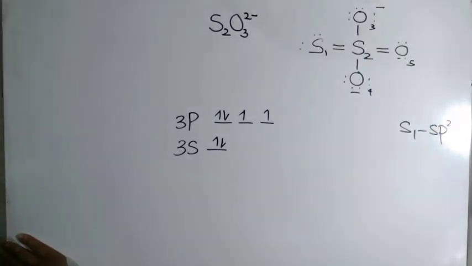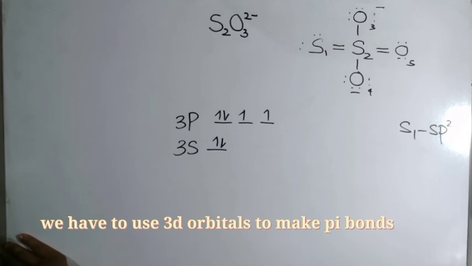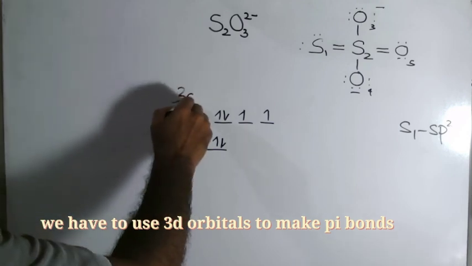Now when we consider sulfur atom number 2, it has 4 sigma bonds and 2 pi bonds. So it requires 4 hybridized orbitals to make 4 sigma bonds. But here there are 2 lone pairs, and with lone pairs we cannot make sigma bonds. To make a sigma bond we need an unpaired electron. So we have to transfer these 2 electrons to other orbitals. We can do that in sulfur because sulfur has 3d orbitals also.